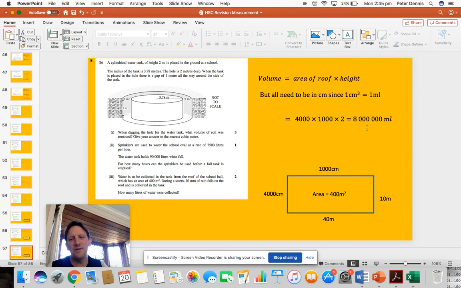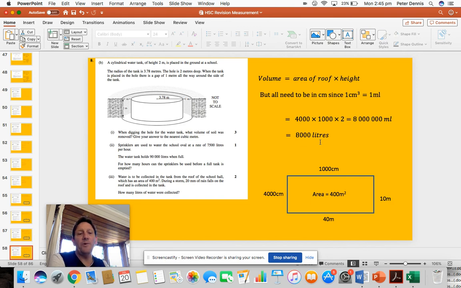So if we get rid of 1,000 here, 8 million millilitres becomes 8,000 litres. So there's plenty. Is it going to overflow? 8,000 litres isn't really going to touch this at all. So the answer there, how many litres of water were collected? 8,000 litres of water was collected.